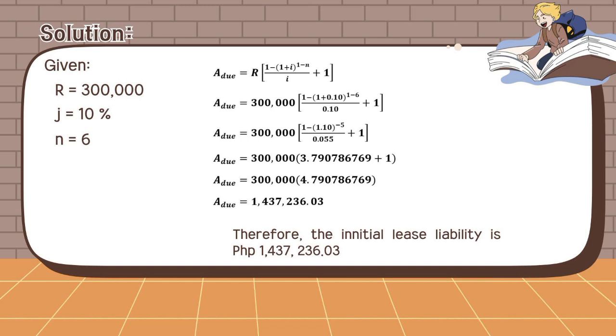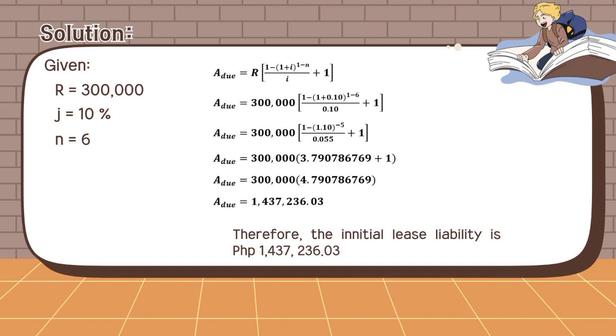So we have here our given. Our R, or the size of annuity payments, is 300,000. Our j is 10%. Therefore, our n is 6. Now, we substitute it into our formula. We get A due is equal to 300,000 pesos multiplied by 3.7907866769 plus 1.